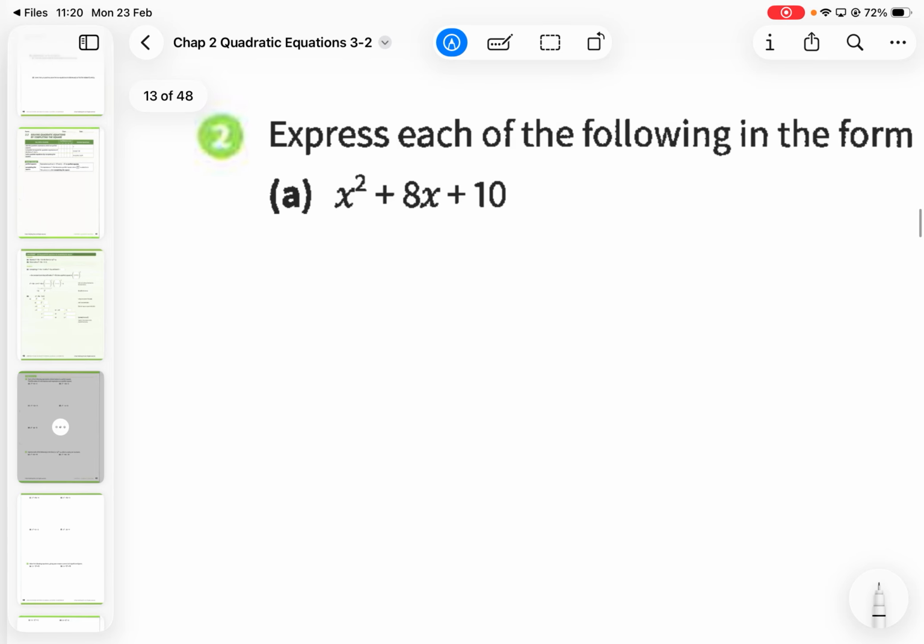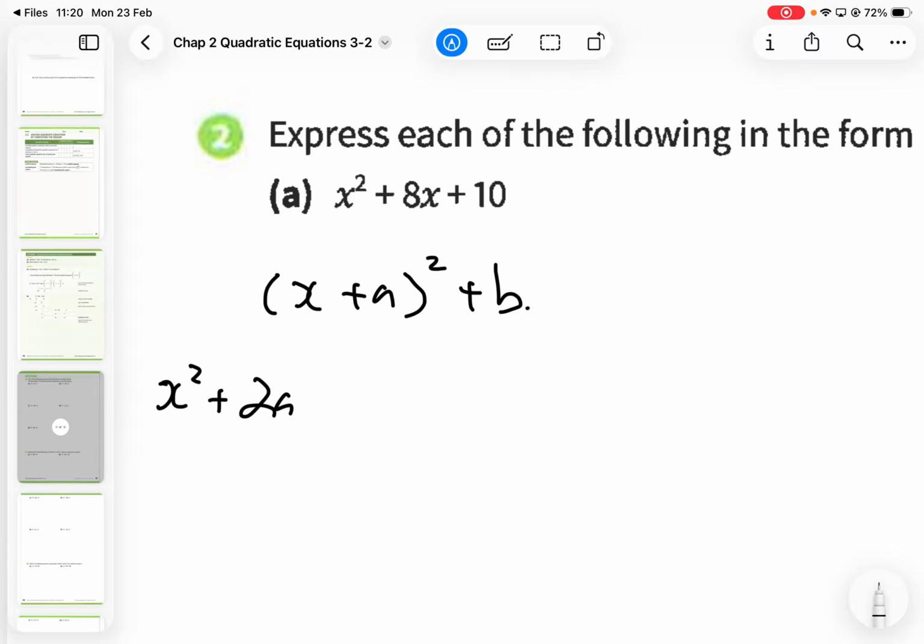Okay, here, sorry. So I want it to look like x plus something, squared, plus b. If I expand this out, I will have x squared plus 2ax plus a squared plus b. By comparing to what I have here, x squared and x squared are the same.